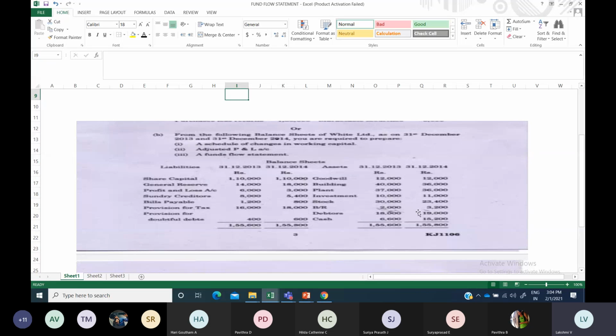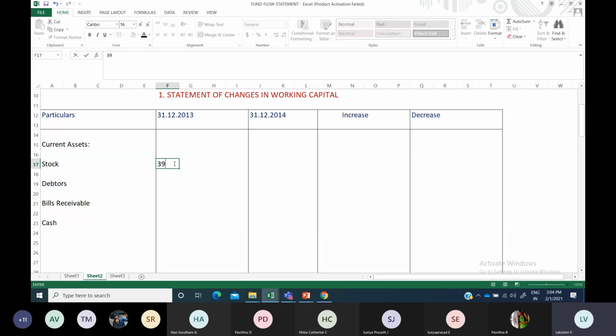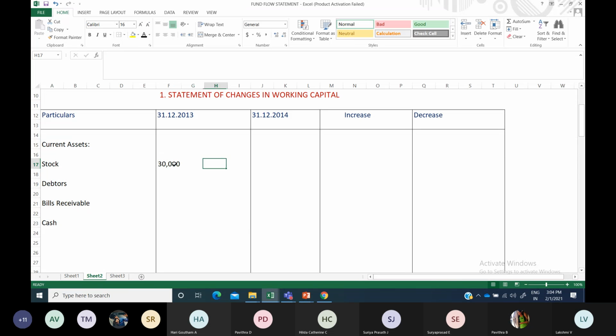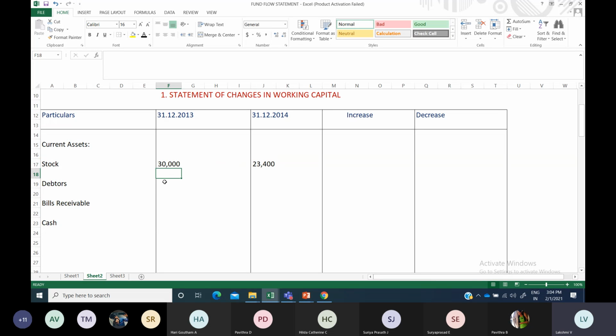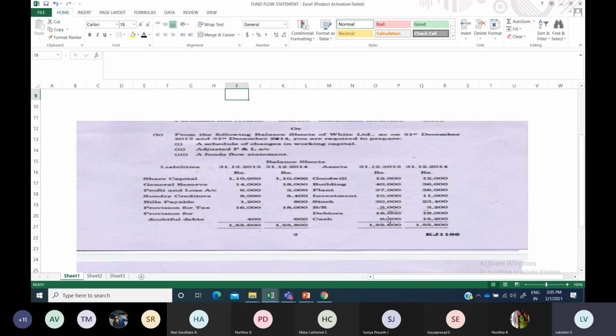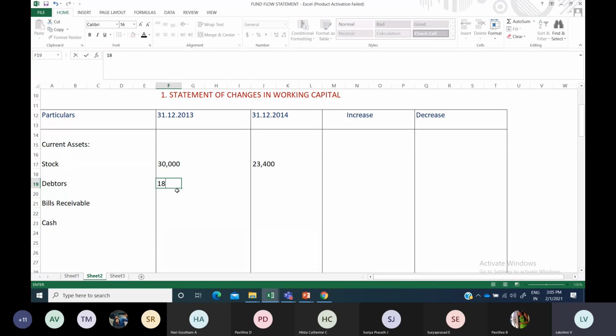Stock: 30,000 and 23,400. Debtors: 18,000 and 19,000.